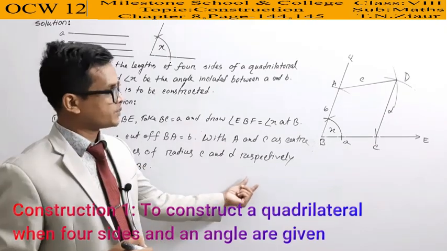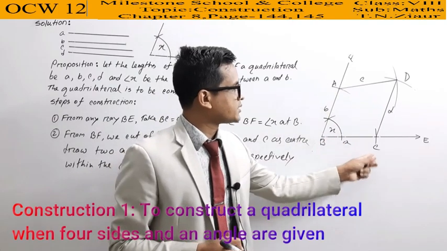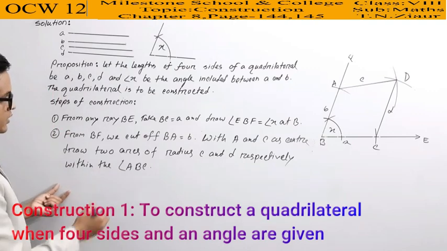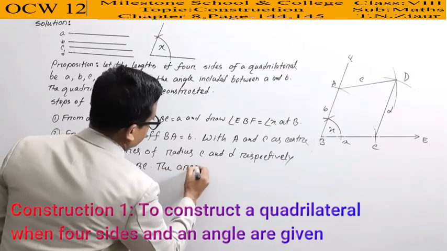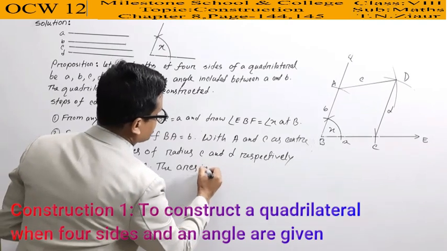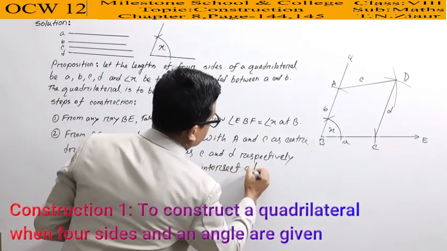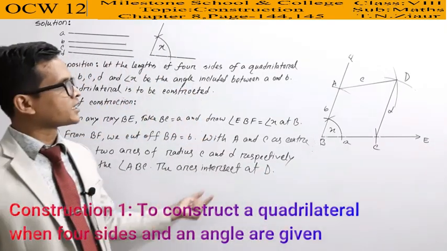That means we have to take these two arcs within the angle ABC. So the arcs intersect at D. Okay, students, the arcs intersect at D.